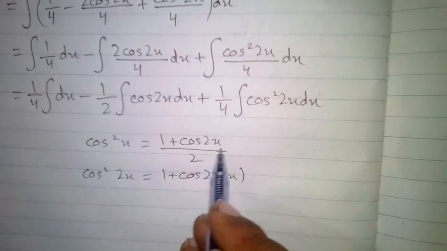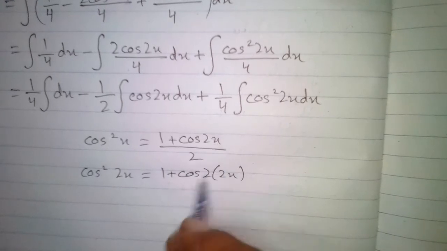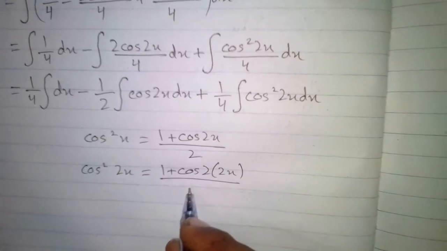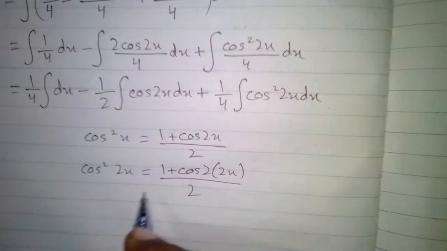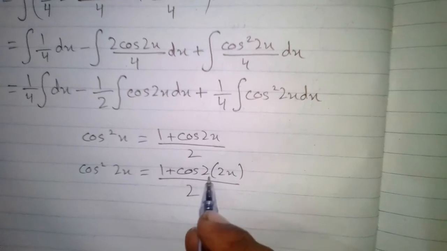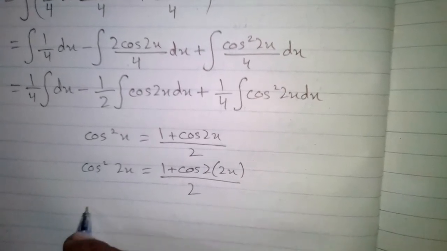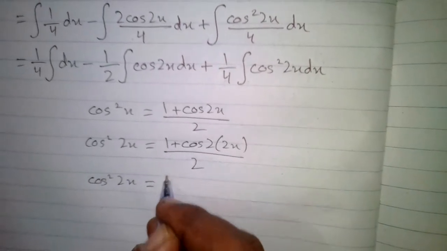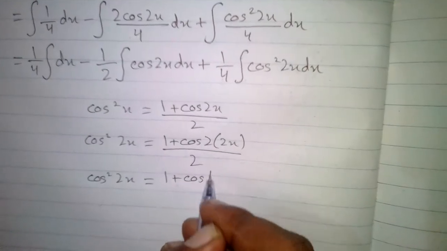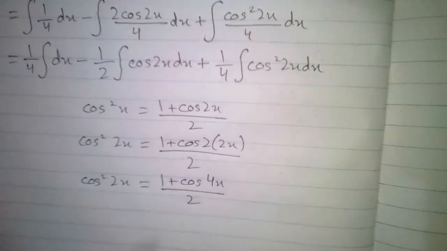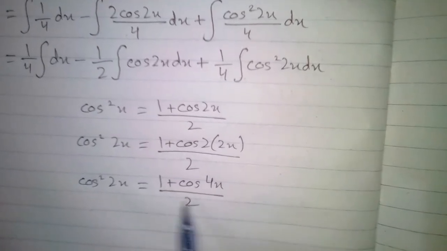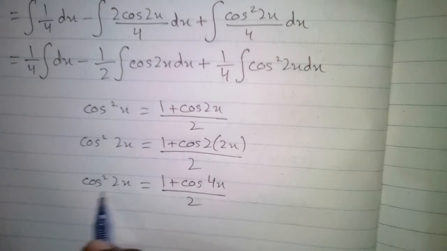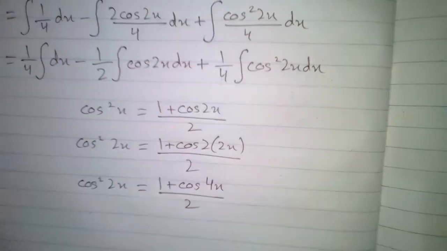So cos²2x will be (1 plus cos 4x) upon 2. So now we can put (1 plus cos 4x) upon 2 in place of cos²2x in this integral.